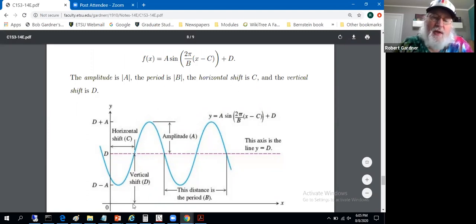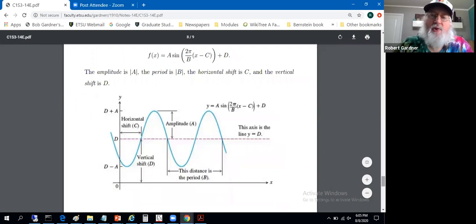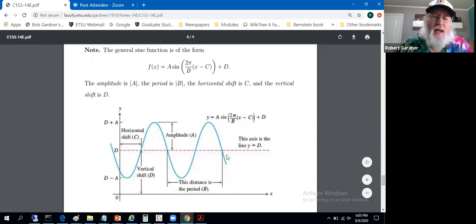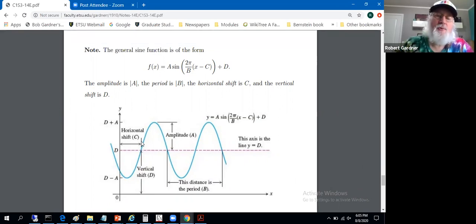So if we go over here to x equals c, they haven't labeled the x-axis, but they have indicated that we shifted over c units here, assuming c is positive in the picture. So when x equals this c value, that function sees an input of 0.